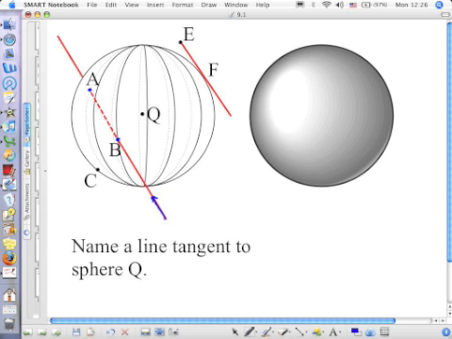AC? No, not AC. BC? Not BC either. BE. B is on the ball, C is on the ball. BE, possibly, maybe, depending on where E is, and possibly CE, depending on where they are, if I can get a straight line to touch them both. But a tangent line has to have one point that's not on the sphere and one point that is on the sphere. Okay? All right.